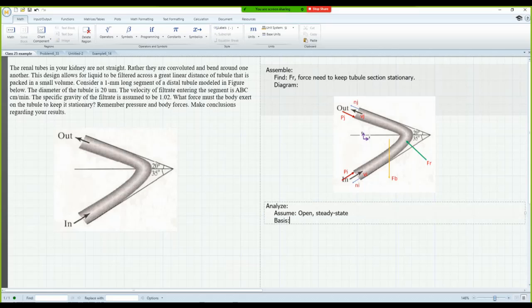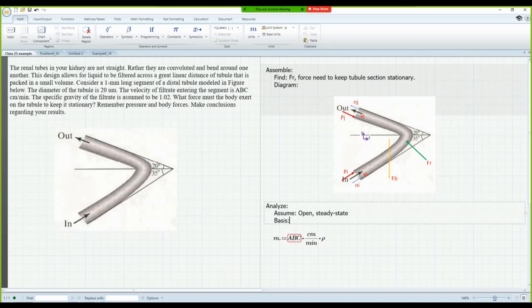Now let's put a basis. In this case, we said that the flow was going at ABC centimeters per minute. Let's say my ABC was 294. The mass flow rate, m dot, is going to be ABC centimeters per minute, but we need to then multiply that by the density of the fluid.